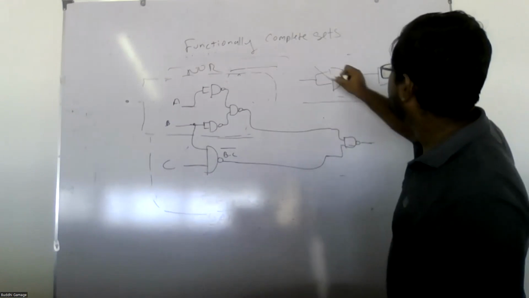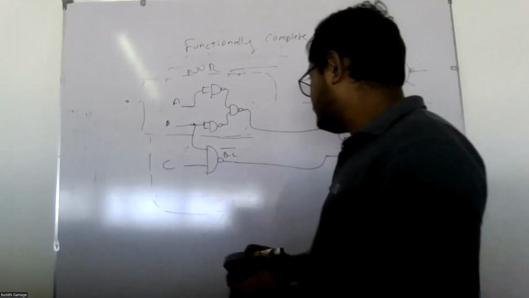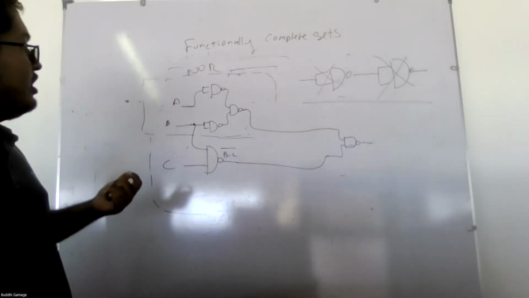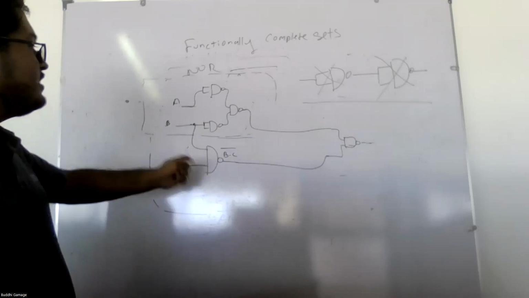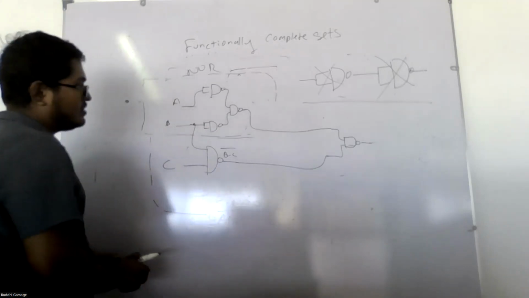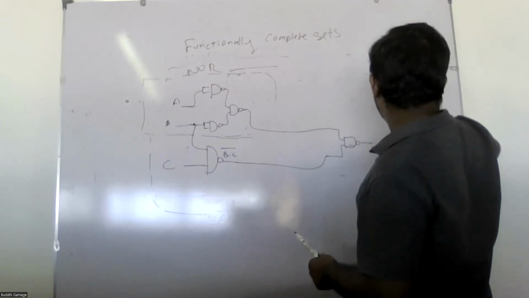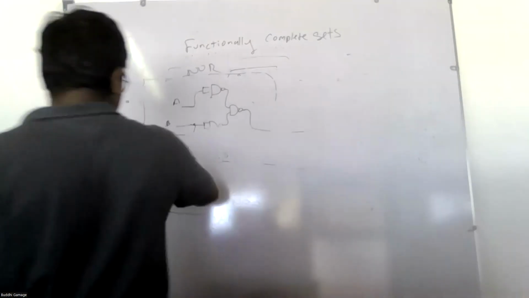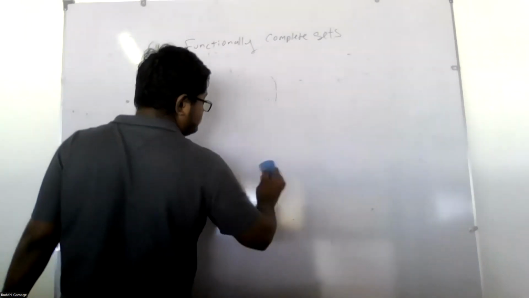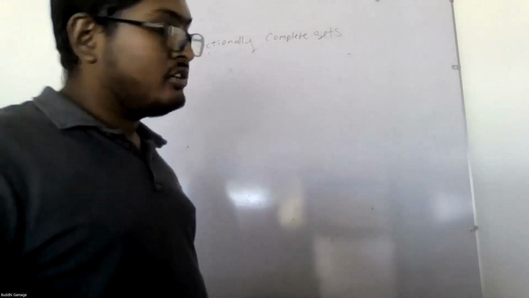We can simply remove these ones, right? And even we can use Boolean algebra. So in that way, we can get a reduced answer. So at home, please do the same thing by using NOR gates.